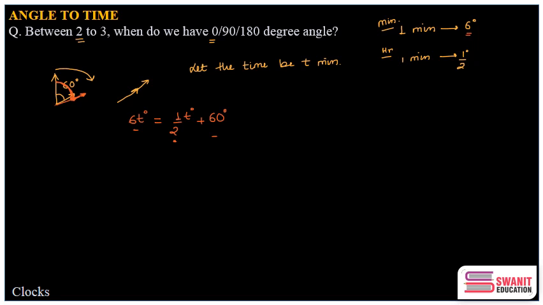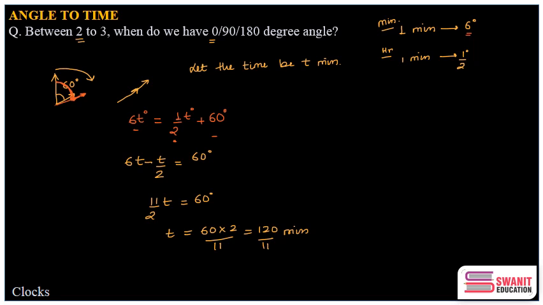When we solve this equation and bring t by 2 to the other side, we get 11 by 2 times t is equal to 60 degrees, and therefore t is equal to 60 multiplied by 2 divided by 11, that is 120 by 11 minutes.